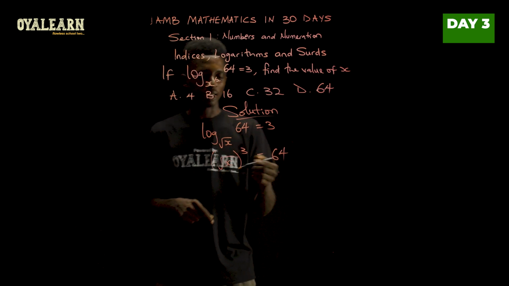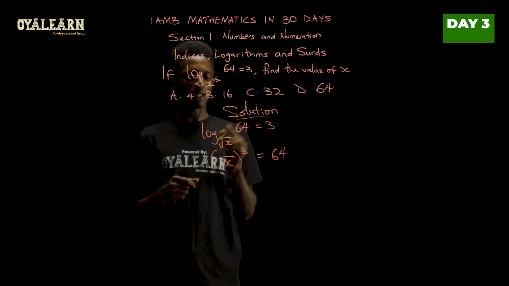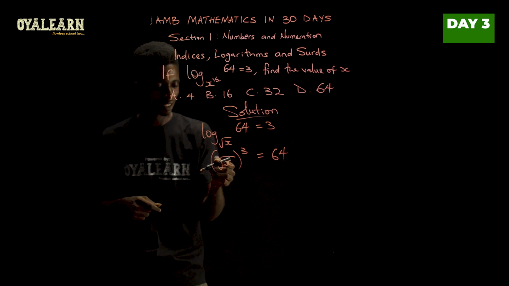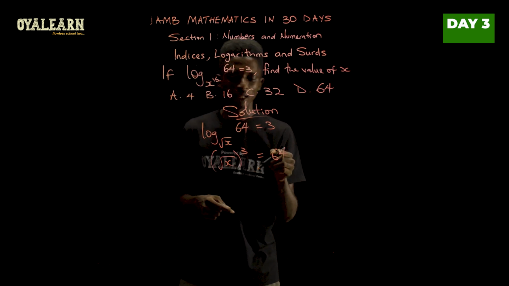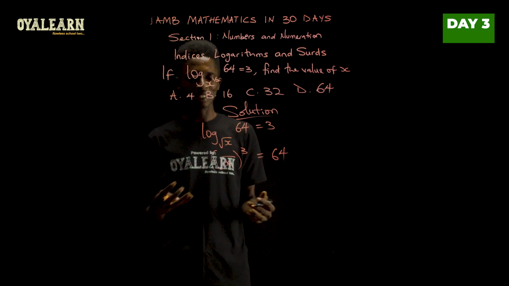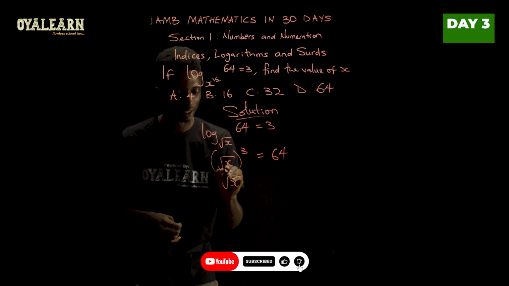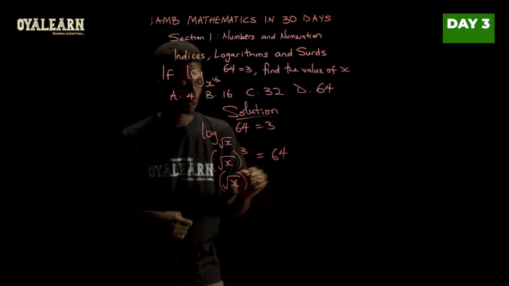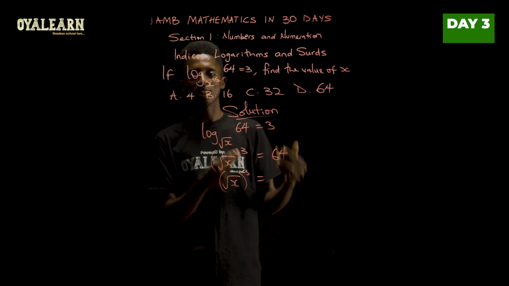Now, in order to work with this, what we have to do is to break this down as well. So this is square root of x power of 3 equals, now what raised to the power of 3 would give us 64 is what we have to find. Now you note that 4 times 4 is 16.